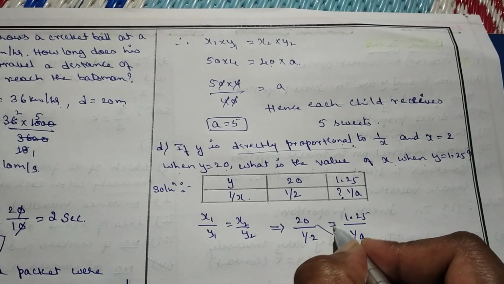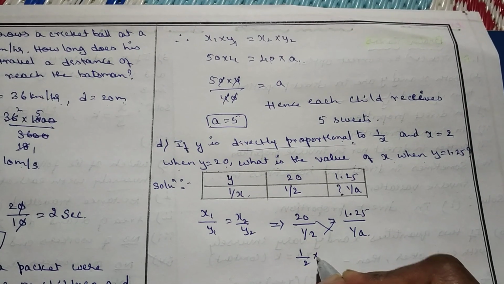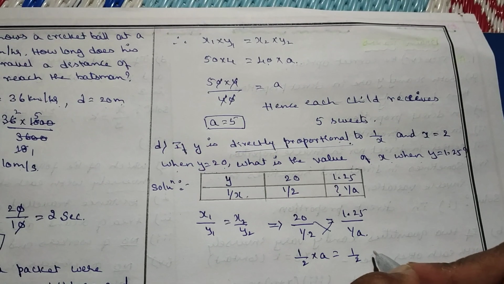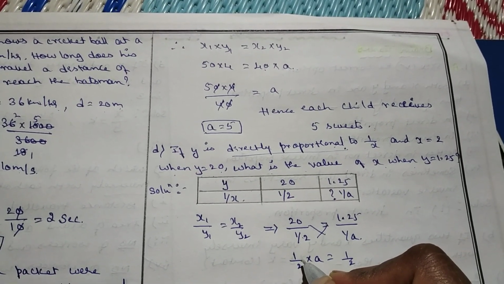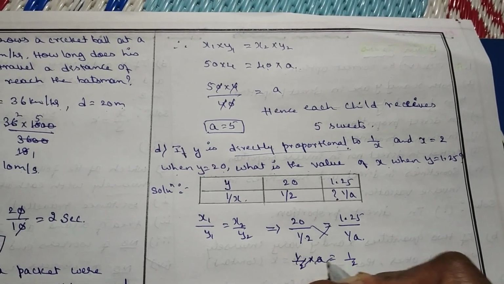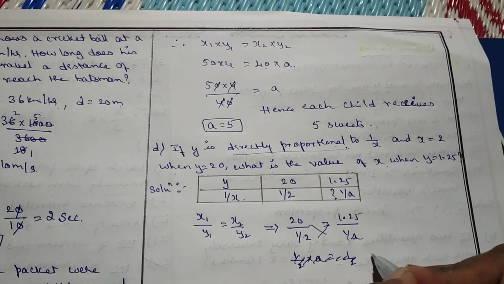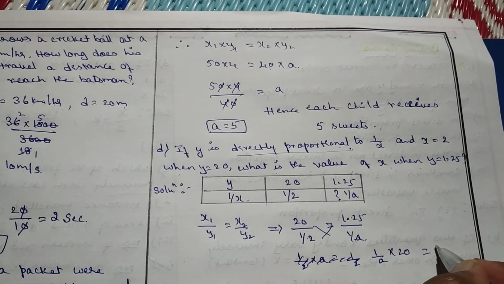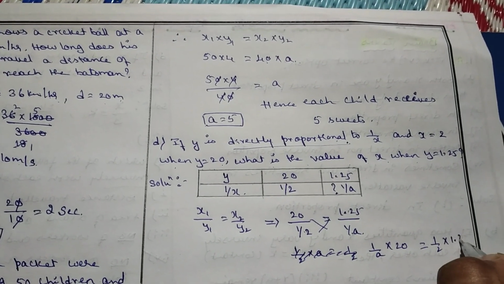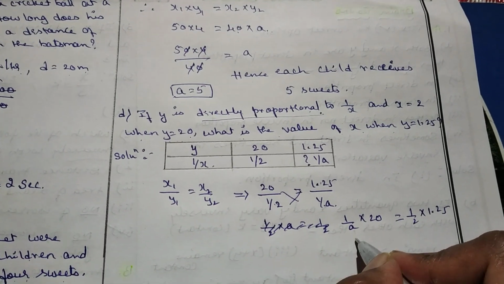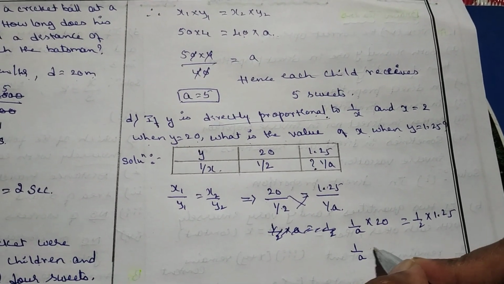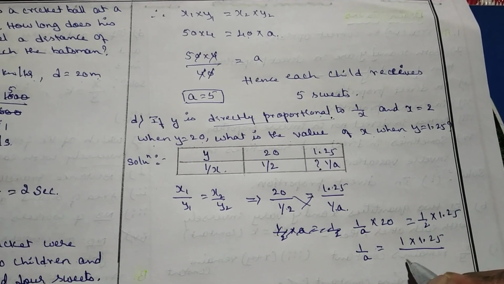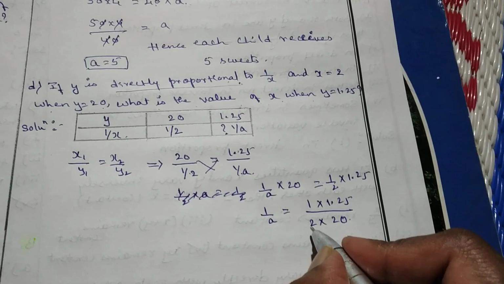Then cross multiplying, small change here children: 1 by a into 20 equal to 1 by 2 into 1.25. Then 1 by a equal to 1 into 1.25 divided by 2 into 20.